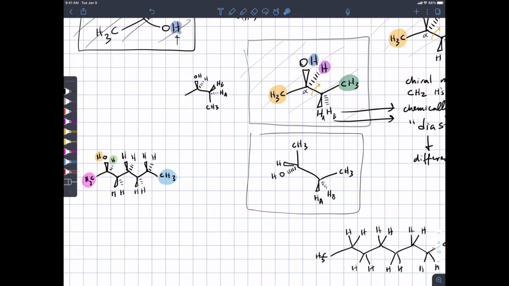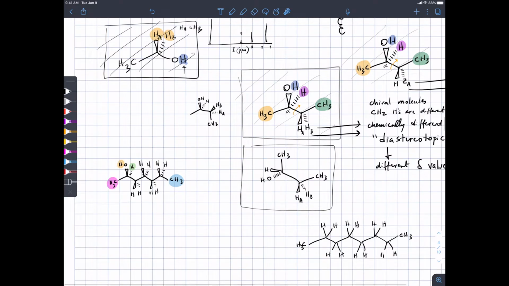But technically these two are not identical in the same way that these two are not identical. In practice, the extent of difference in chemical shift between these two CH2 protons can change depending upon context. You're not going to really encounter that from me, but you will encounter it in 353, and it's one of the more difficult concepts, so I wanted you to be introduced to it here.